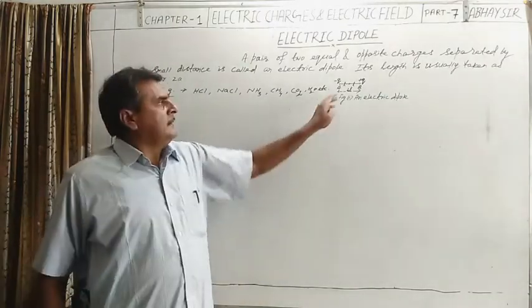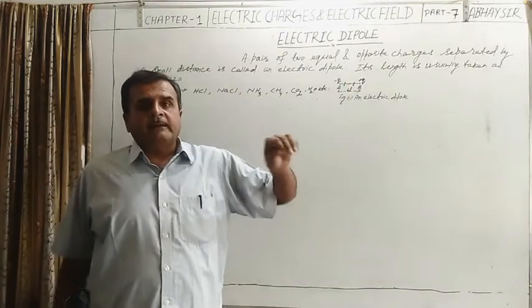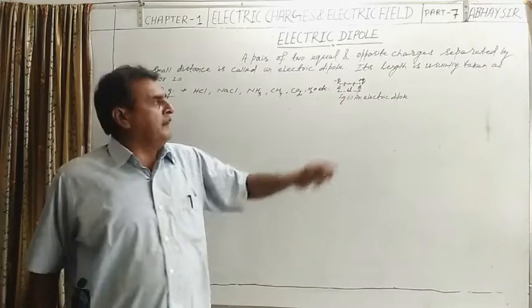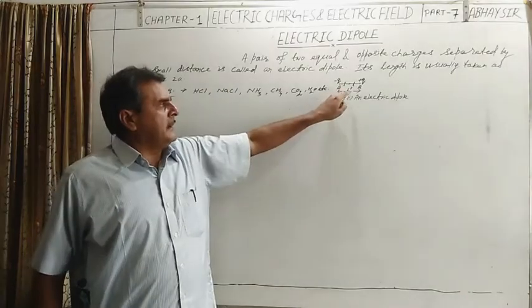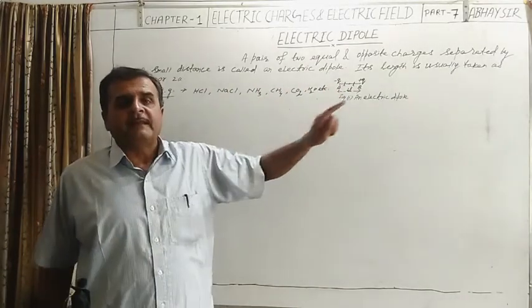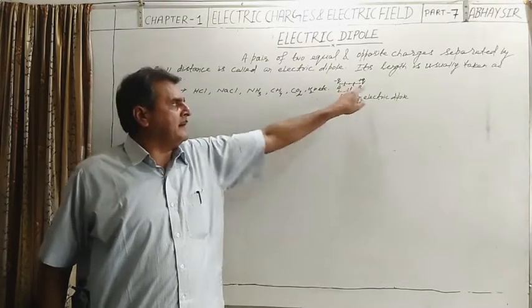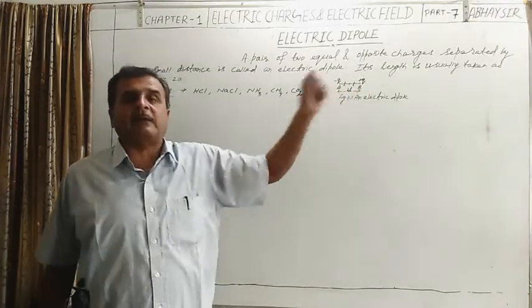However, electric field will be approximately equal to zero for a distance r greater than 2l, that is the length of the electric dipole.